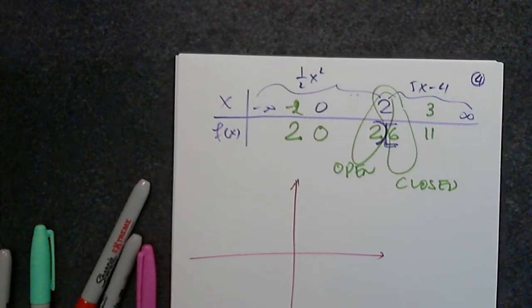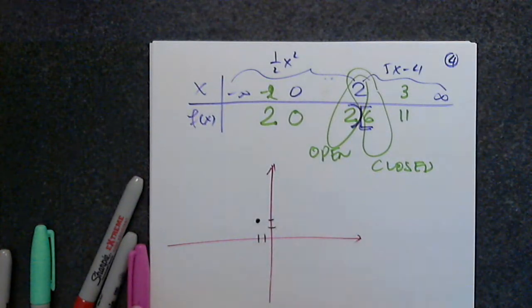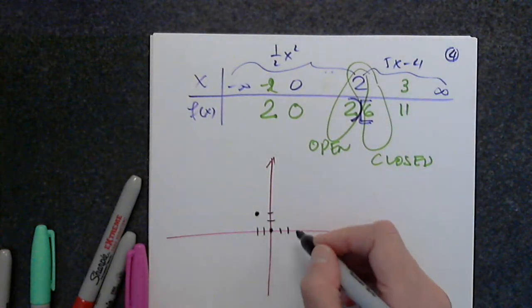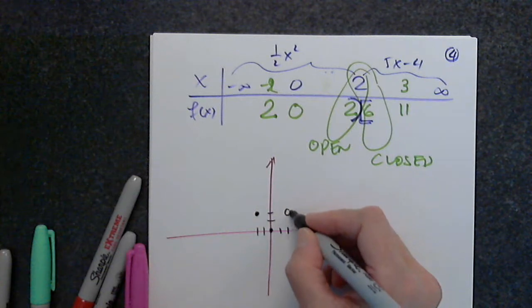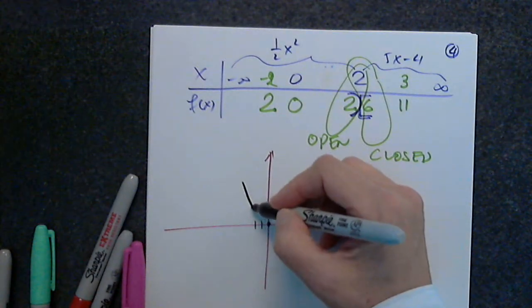I have -2, 2. I have 0, 0. And I have 2, 2, but this time this is an open point. And I will be graphing the quadratic function.